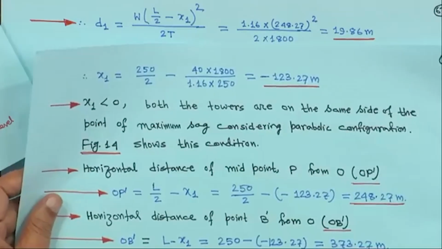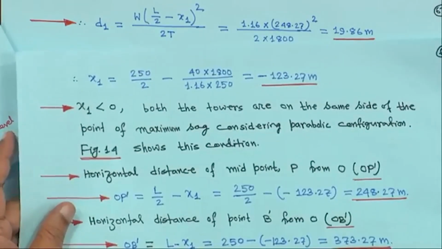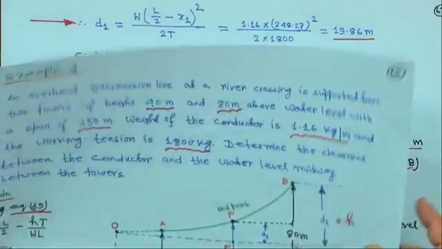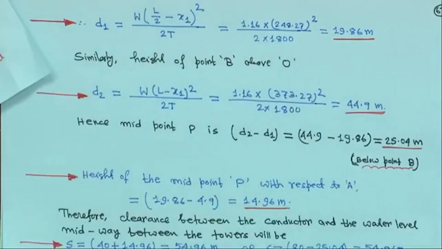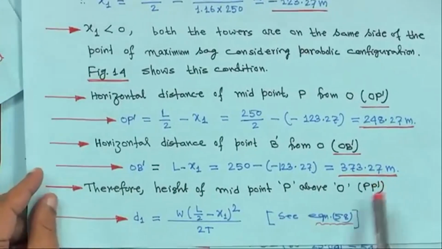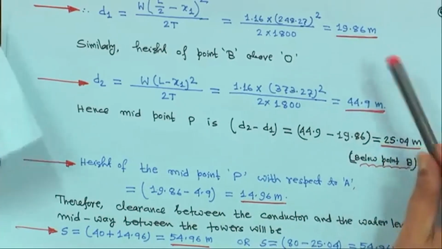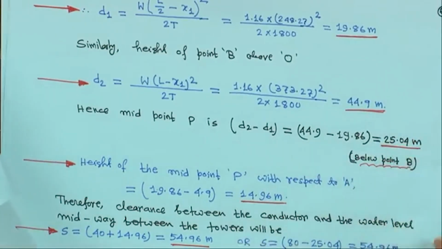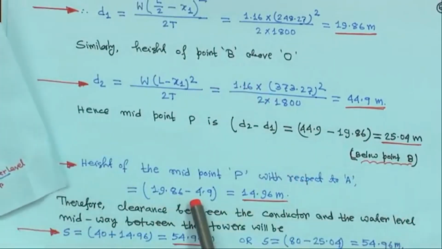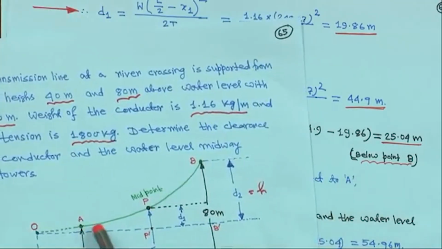This is x1, this is 248 meter, this 372, this is D1, and this is your 19.86 meter, this is 25.0, and the height of the midpoint P with respect to A will be 19.86 minus 4.9 meter, with respect to this point A.